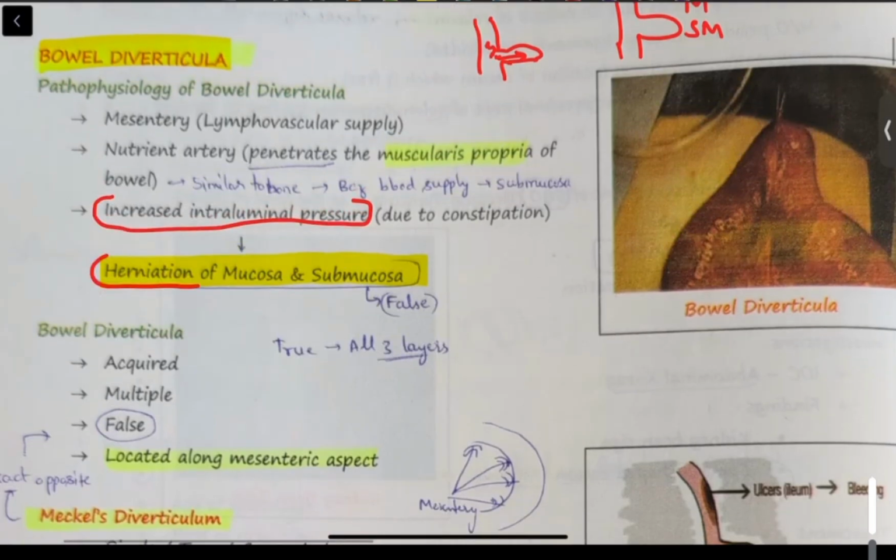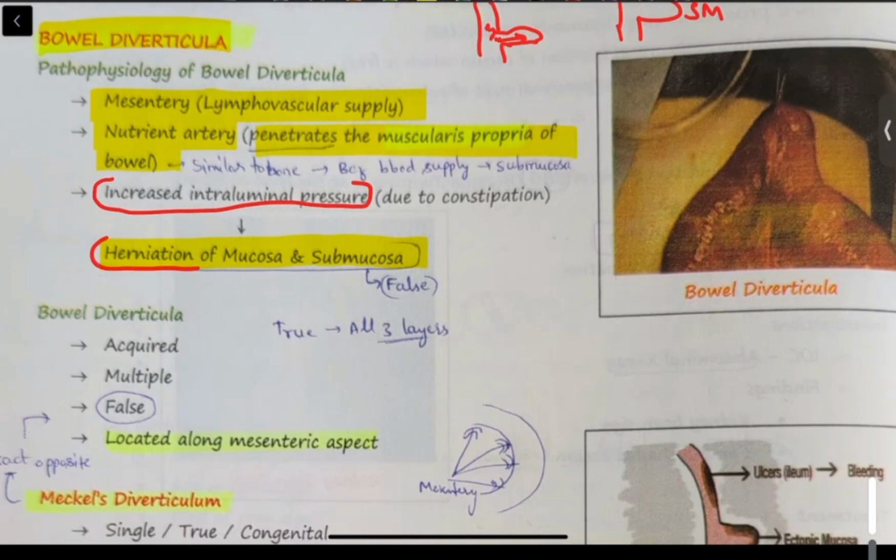So what is the pathophysiology of bowel diverticula? It is at the mesentery, because of the lymphovascular supply, or it can be because of a nutrient artery that penetrates the muscularis propria and pushes the bowel outwards.